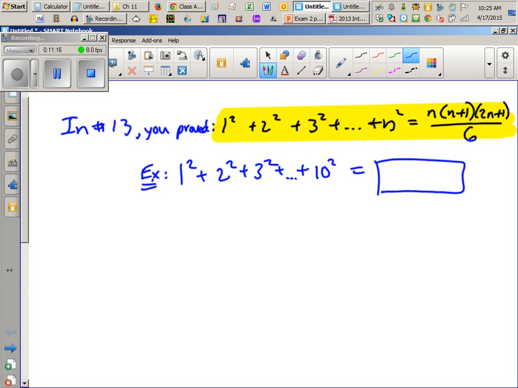So you kind of run the risk of creating a formula that you never even know how to use. What good is that? So I'd like you to find 1 squared plus 2 squared plus 3 squared plus 4 squared plus 5 squared plus 6 squared plus 7 squared plus 8 squared plus 9 squared using the formula. Can you identify what n is? 10. Correct. Use it.